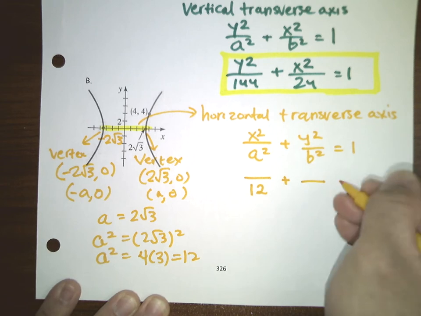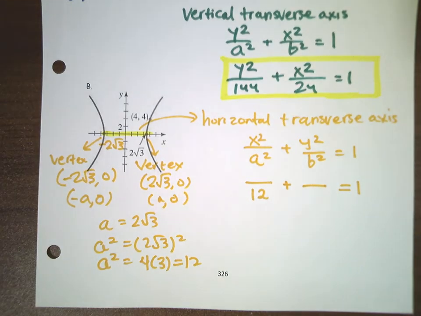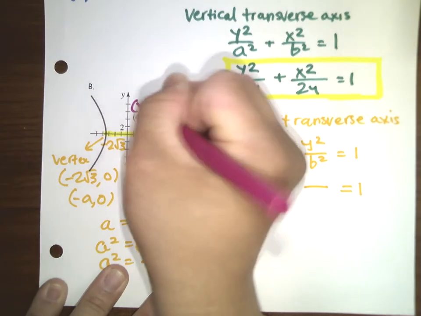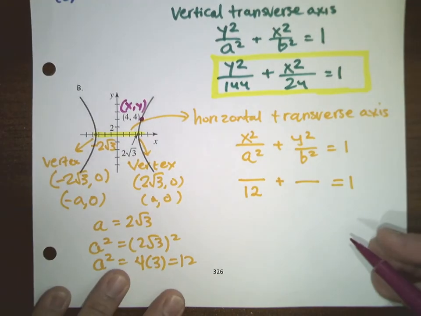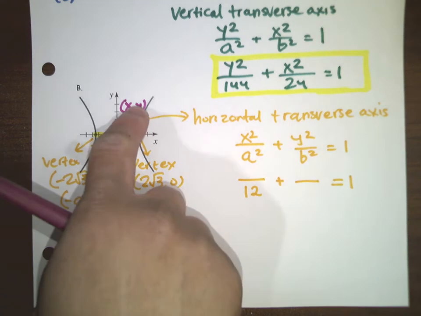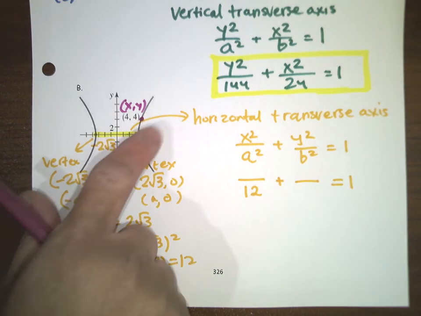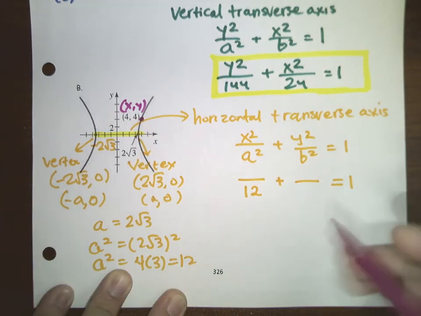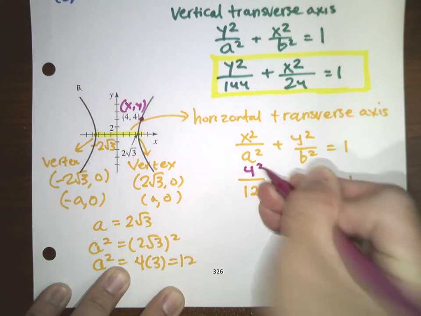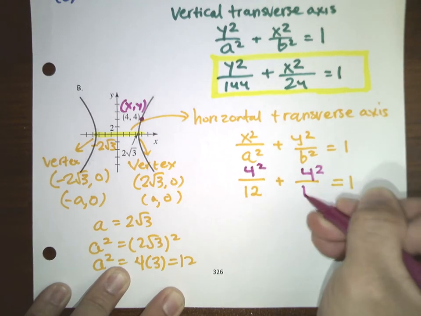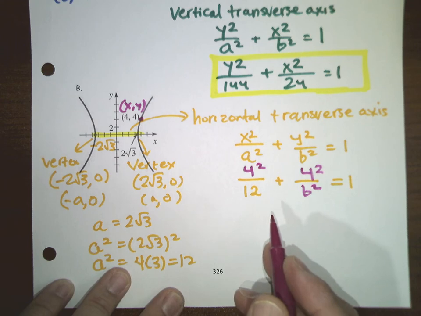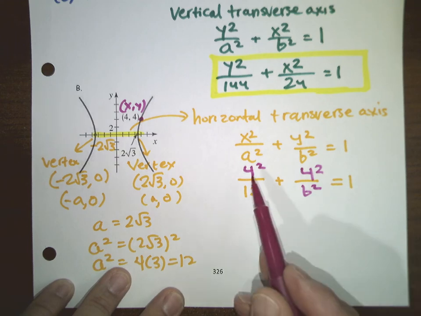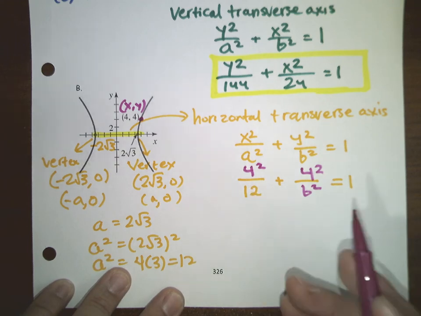But then they don't tell me anything else except for an x and a y over here. So I'm going to use this x and y, a point on the graph, to figure out what b is. So the x that they give me is 4 and the y is 4. So we have 4 squared and 4 squared, but they don't tell me what b is. All right, so this one is a little bit trickier, but we can figure out what b is. So 4 squared is 16.